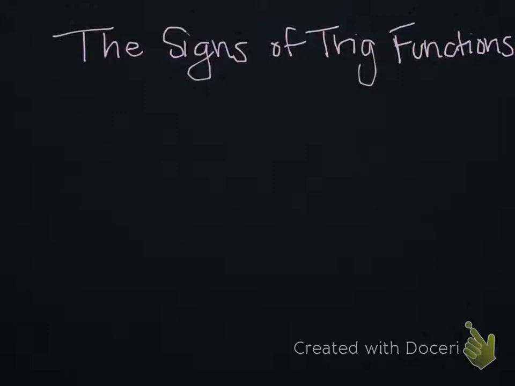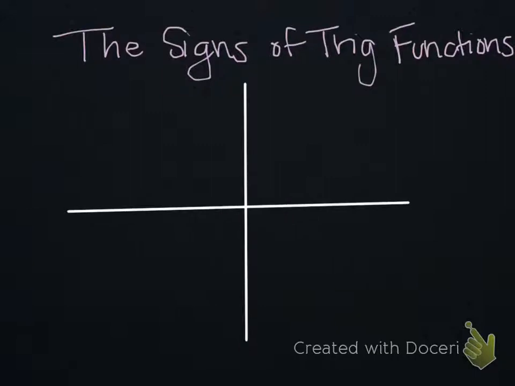Here are my quadrants. This is quadrant 1, this is quadrant 2, quadrant 3, and quadrant 4. And again, this chart is meant to identify what functions are positive in that quadrant. Not negative, just the positive ones.